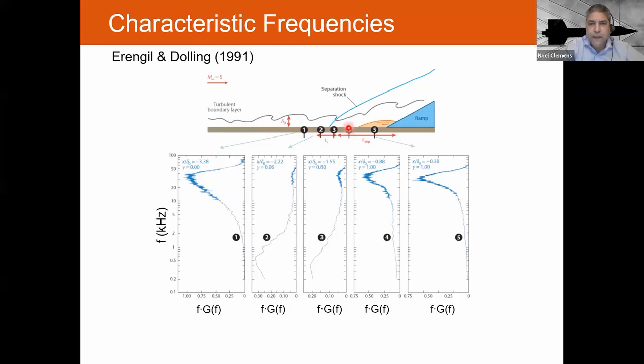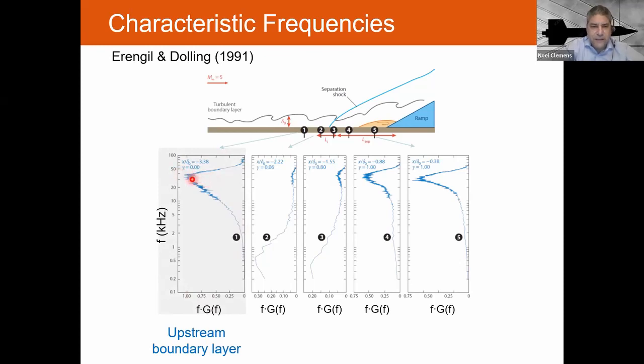If you have a compression ramp and a separation shock, and then you put a bunch of transducers at the wall, and these are fast response transducers, say Kulite transducers, then the first one here is in the upstream boundary layer. And they measured what the pre-multiplied spectrum looks like. And you can see that it peaks here, let's say roughly, 40 to 50 kilohertz, right?